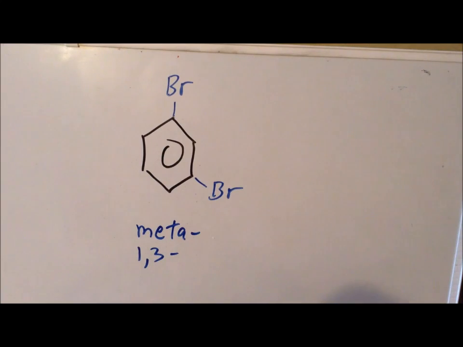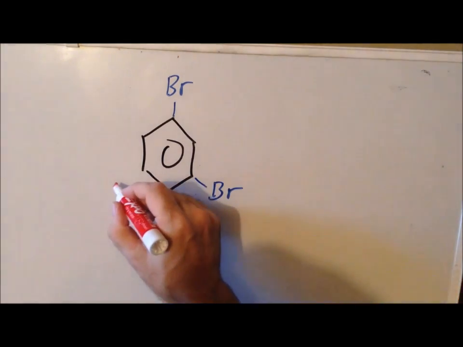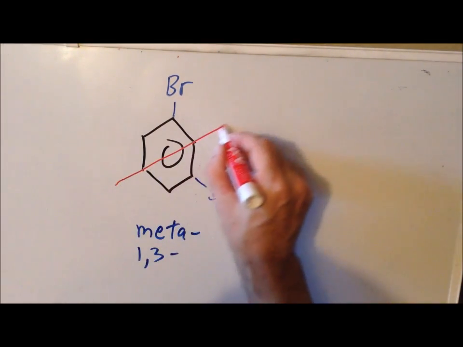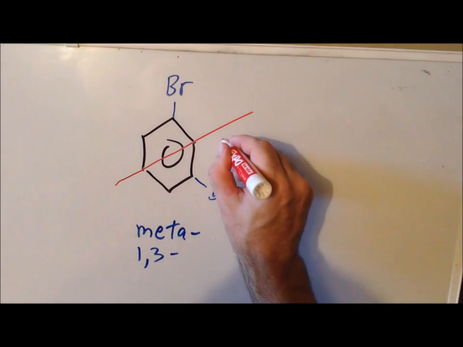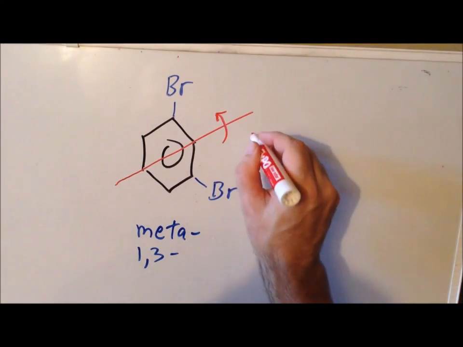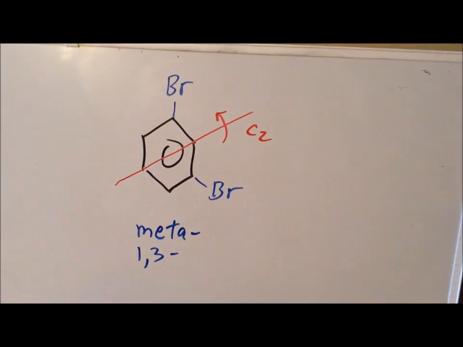In the plane of the board, we have no interesting symmetries other than the identity. Our high order rotation axis will go through this particular line, and this again gives us a C2. It takes us out of the plane of the board. Along this same line, we're going to have a vertical mirror. And again, we have a vertical mirror in the plane of the board.